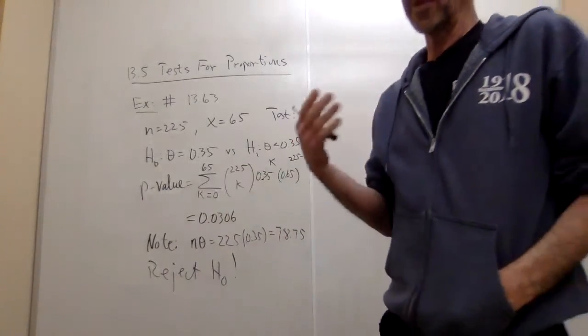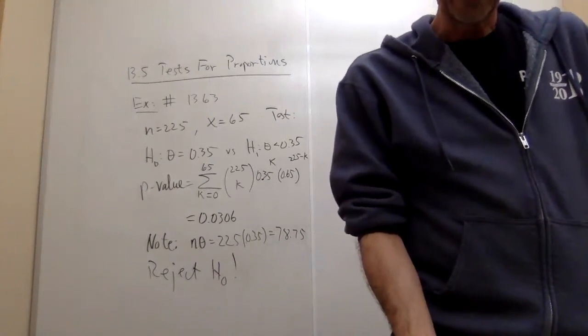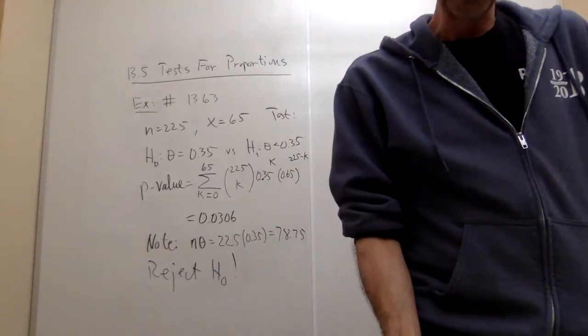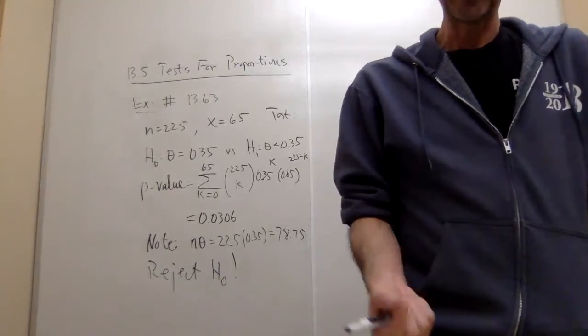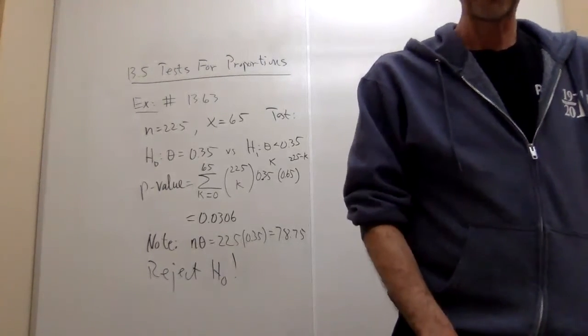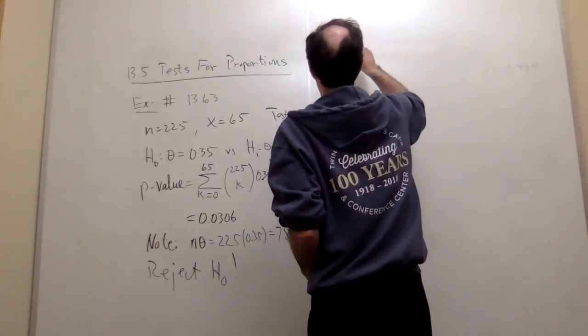And let's say that we require both of those to be at least 10. We've talked about a couple different values. We'll assume 10 for now. Then we can approximate a binomial population with a normal. So let's call this the traditional method.